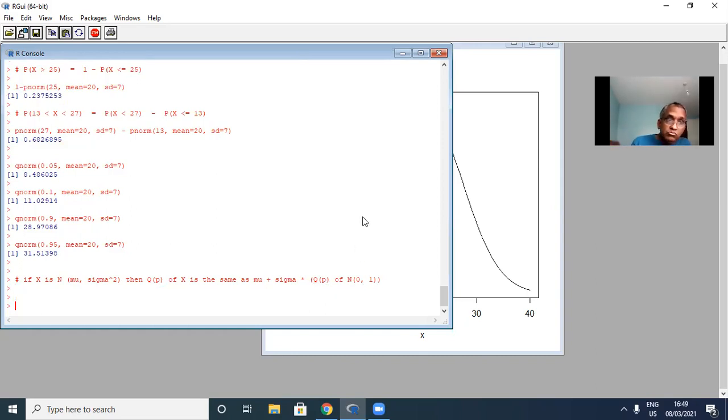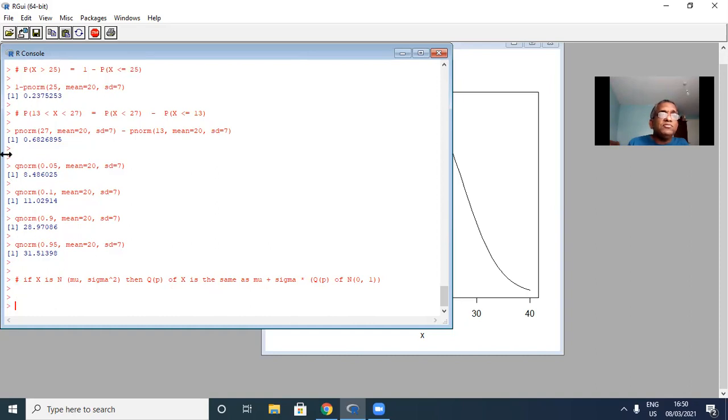All right. This is a well-known result. Maybe I did not teach you this, but maybe you know this from probability 1. Anyway, this result is pretty well known. So you can compute these 4 quantiles using this result also.